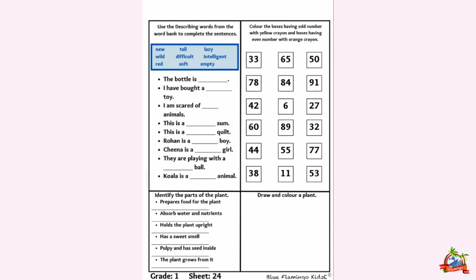So you have to color even numbers with orange. हर even number को orange कलर करना है और odd number को yellow कलर करना है.